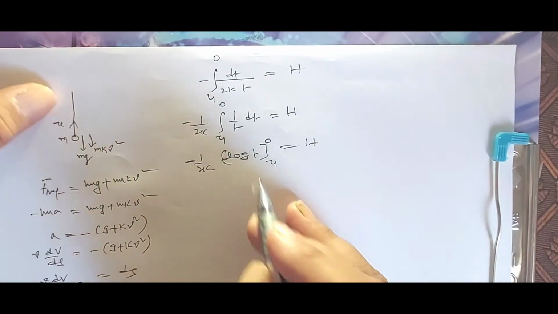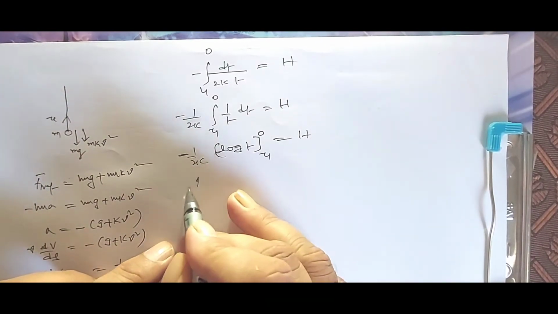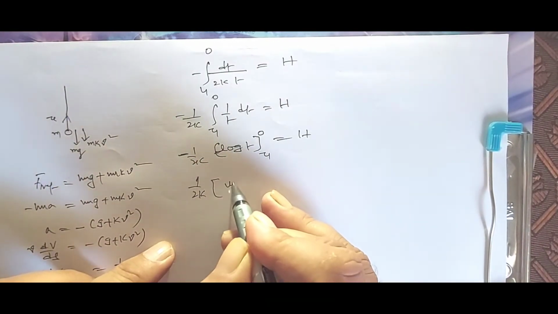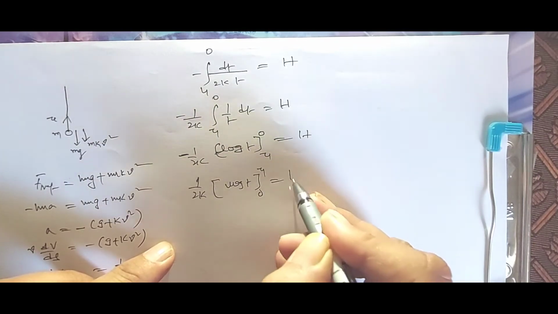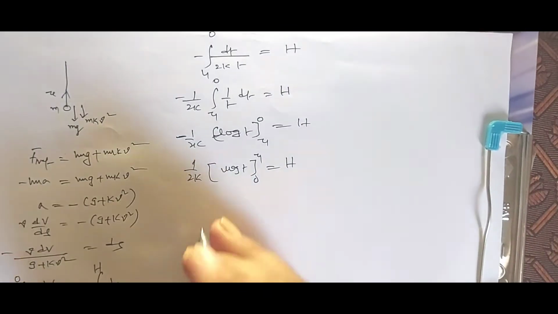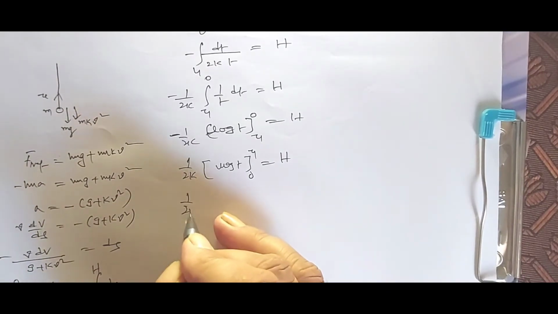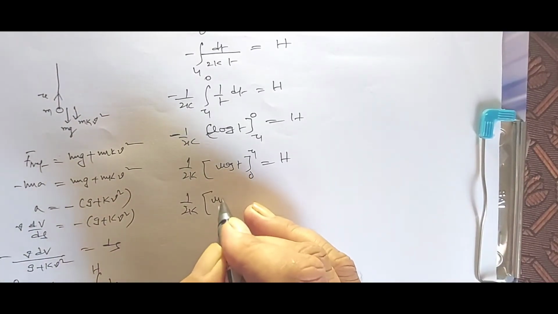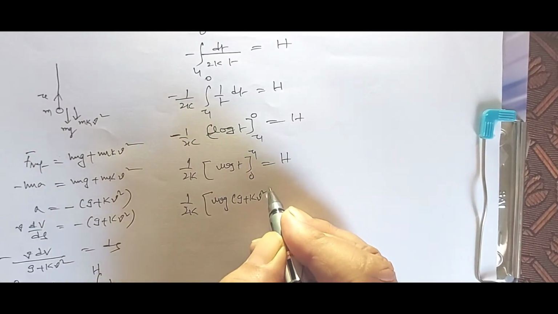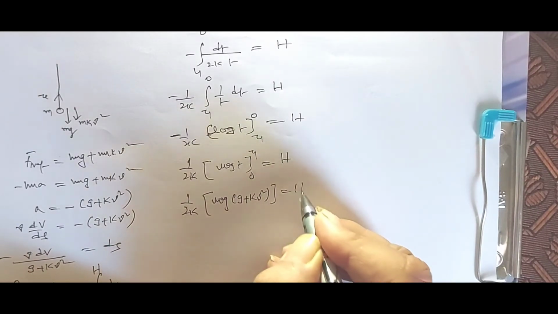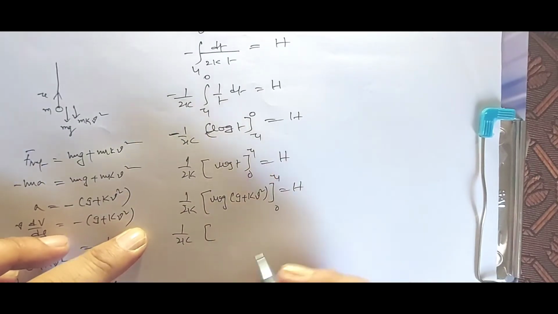Now interchange the limits so that the negative sign vanishes. So 1 by 2k into log t from 0 to u is equal to the maximum height h. Here log t means log of (g plus k v square), from 0 to u.